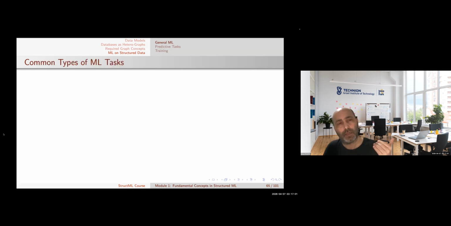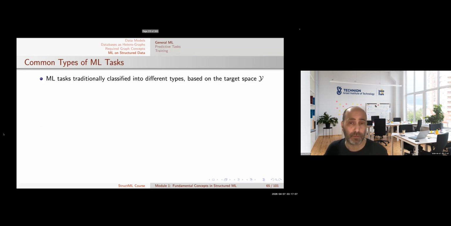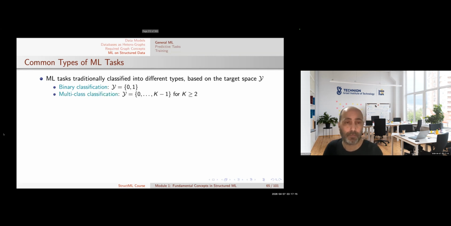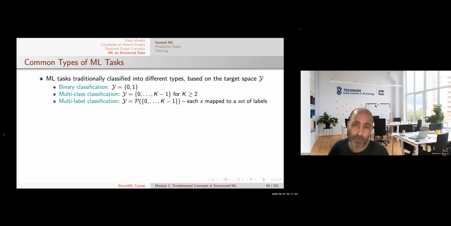Okay, so the common types of machine learning tasks or settings, they differ based on this set Y. So in binary classification, it is 0, 1, or true, false, yes, no. Multi-class classification generalizes it into K outputs, K classes. Multi-label means that we can associate with each X multiple labels, multiple classes.